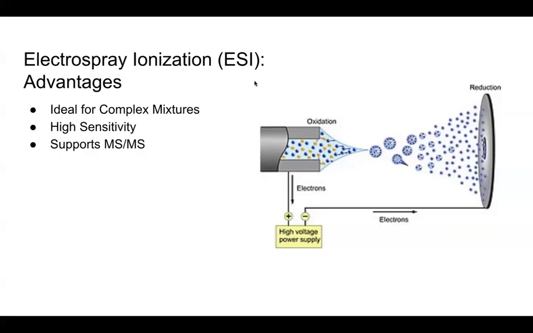So the advantages of ESI: it can directly analyze complex mixtures, making it compatible with liquid chromatography mass spectrometry or LCMS, where it ionizes analytes directly from the liquid phase. ESI also provides high sensitivity, which is ideal for analyzing low abundance proteins and peptides.